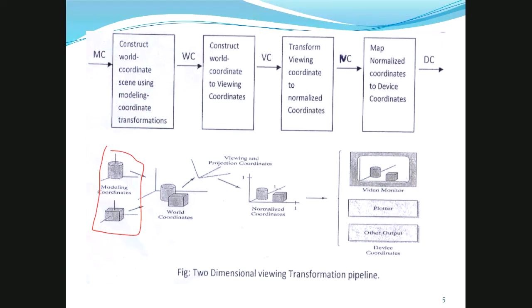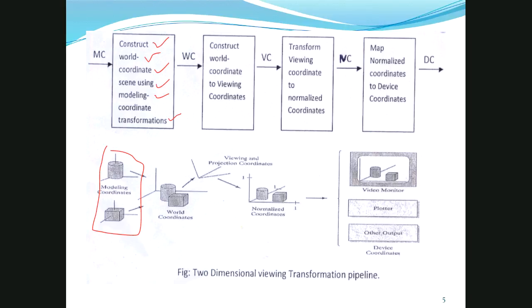Modeling means everyone understands that it is a structure, it is a design. Okay, so inside the modeling coordination, what we will do is construct the world. You can use a coordinate, you can use a full scene, you can use modeling coordinates, and you can use some transformations.